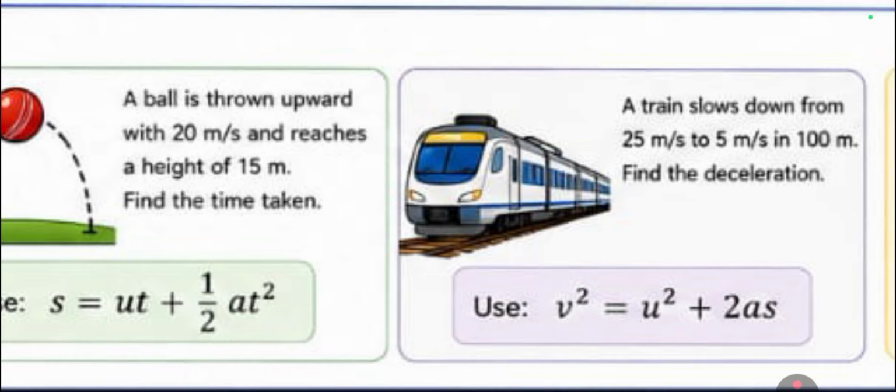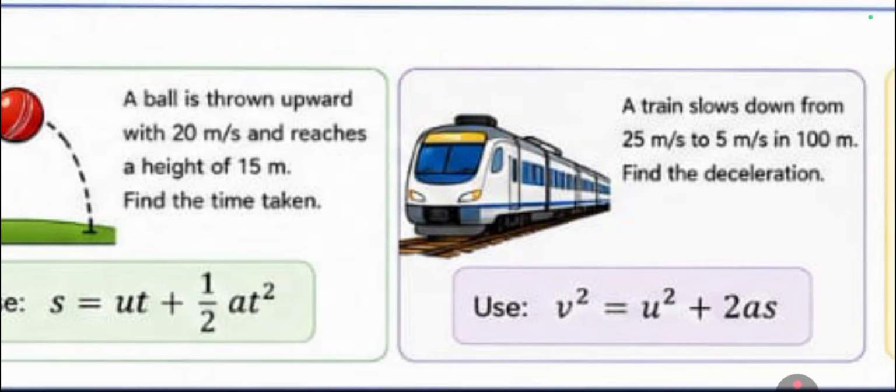So its initial velocity is 20 meter per second and final velocity is 5 meter per second. And in 100 meters, so s is given as 100 meters, and we have to find the acceleration. So v squared is equal to u squared plus 2 into a into s, that is 100. Now we have to substitute the values in this equation and calculate the answer.